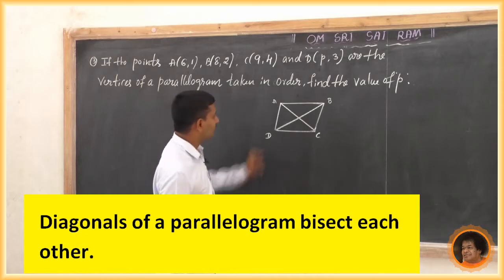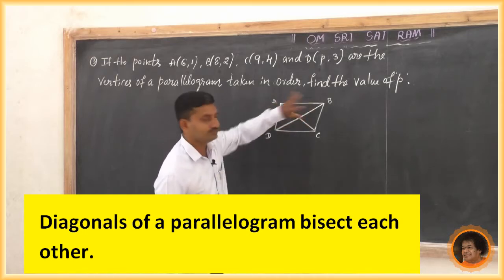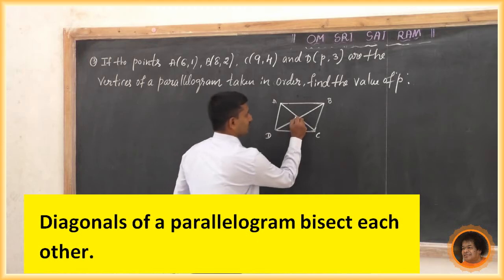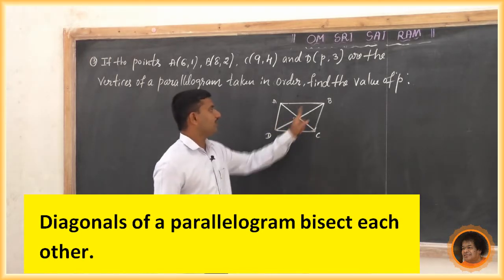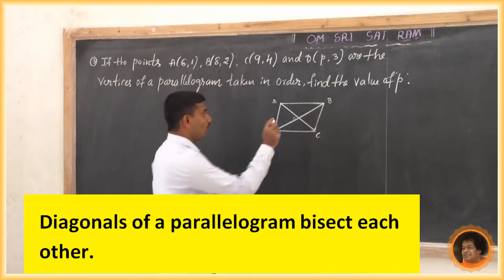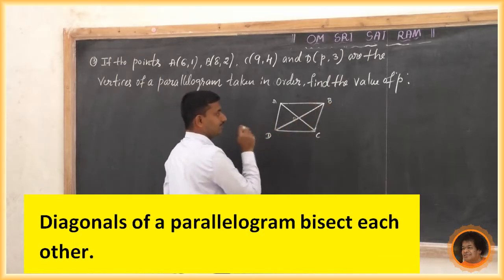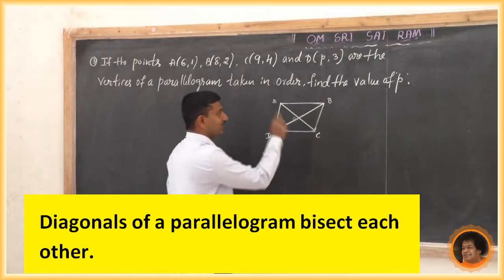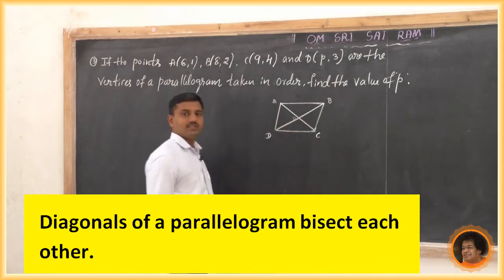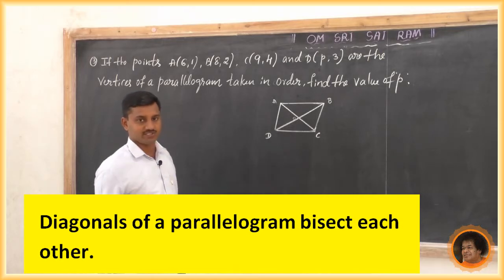Bisect each other means these are equal. Suppose this point is O: AO equals OC, DO equals OB. In other words, O is the midpoint of DB and O is the midpoint of AC. Therefore, in a parallelogram, the diagonals bisect each other.